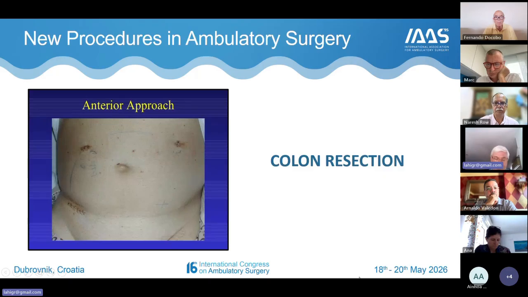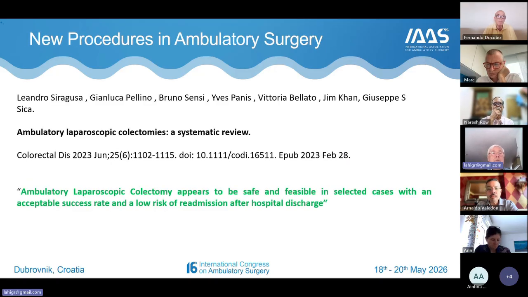Colon resection. Colon resection is a big challenge for us. Look at this article, Ambulatory laparoscopic colectomy, a systematic review. And the conclusions of the systematic review are: ambulatory laparoscopic colectomy appears to be safe and feasible in selected cases with an acceptable success rate and a low risk of readmission after hospital discharge.